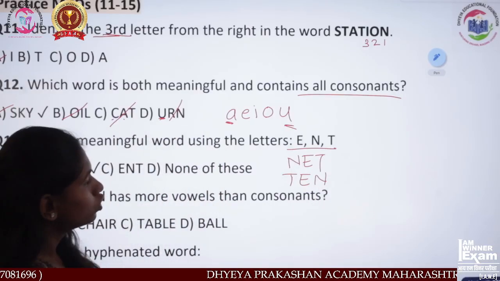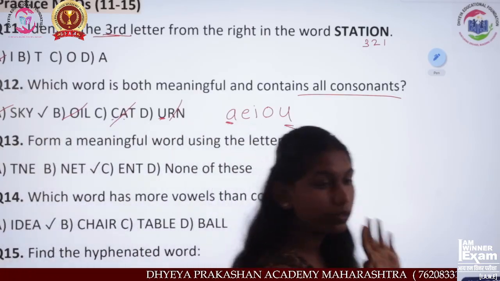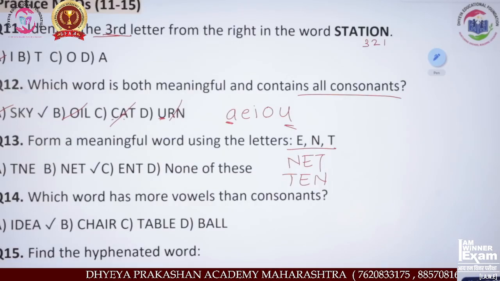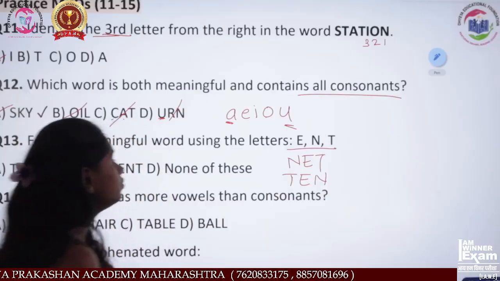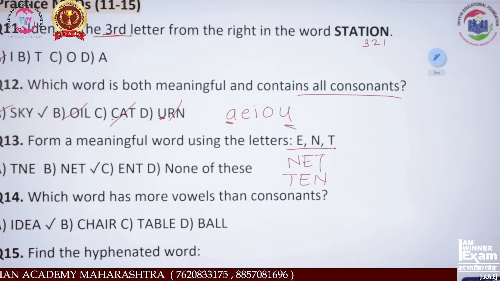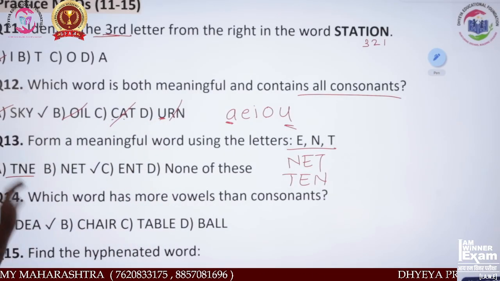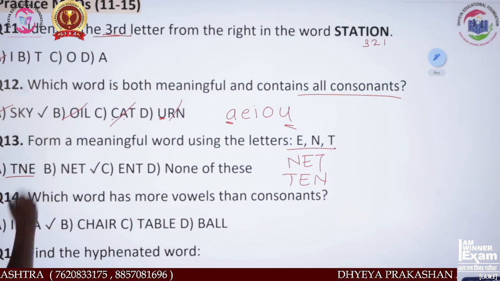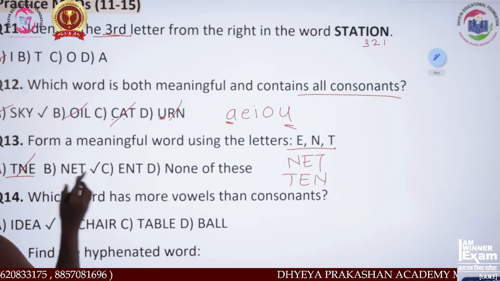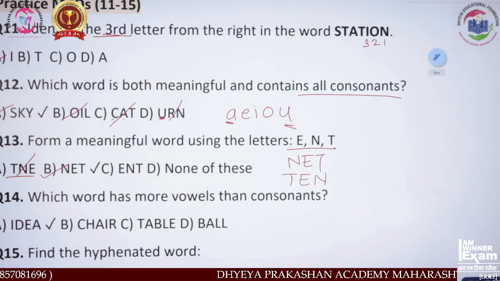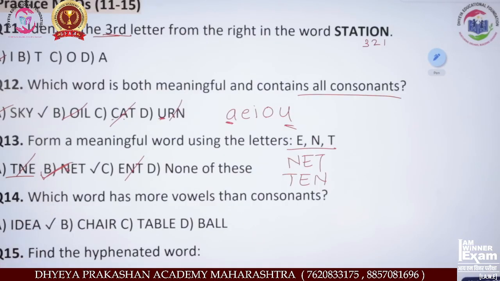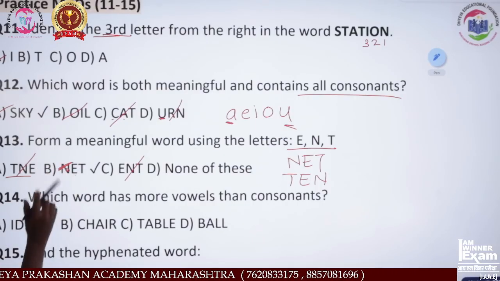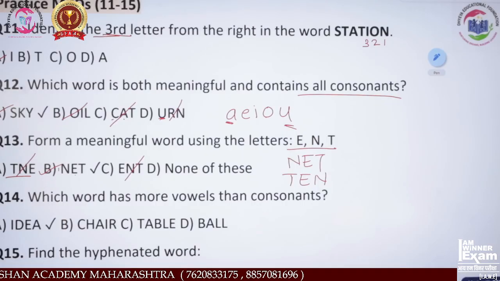So these are the two words which can be formed from the letters E, N and T. Let's check TNE. This is not a meaningful word, so just cancel it. NET, net is a meaningful word. Then ENT is not a meaningful word, and none of the others. But there is the word net, which is meaningful. So the correct option will be option number B, that is net.